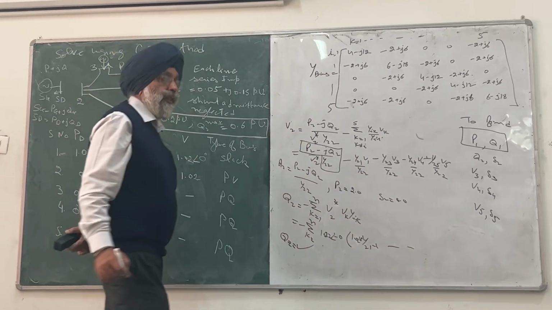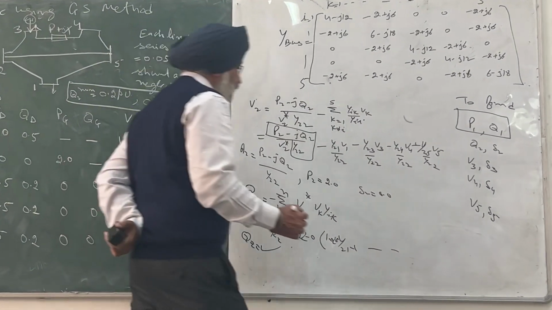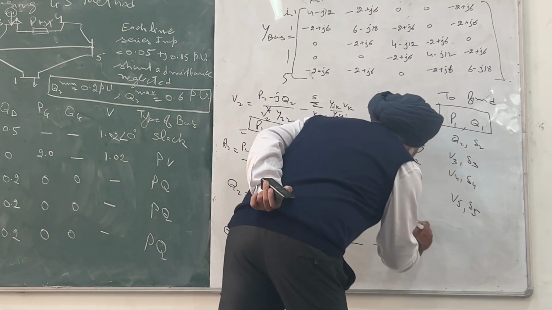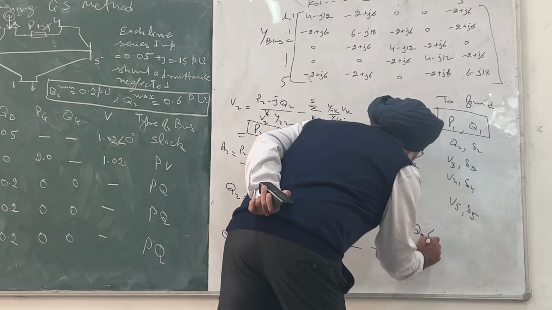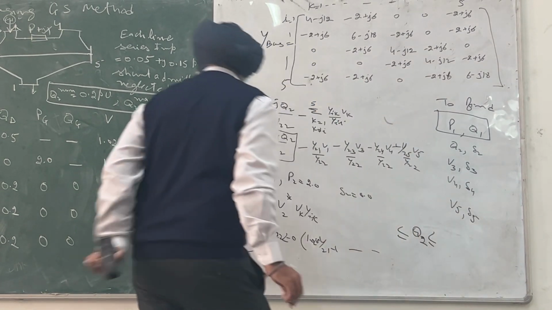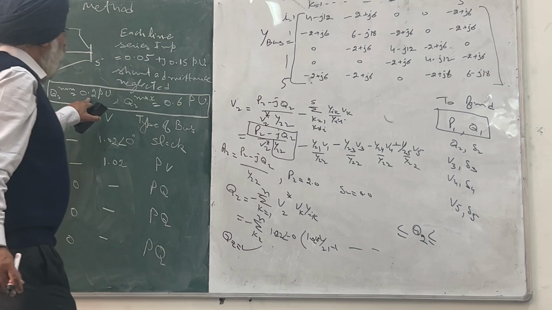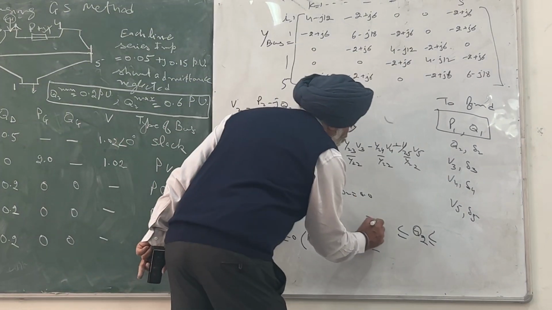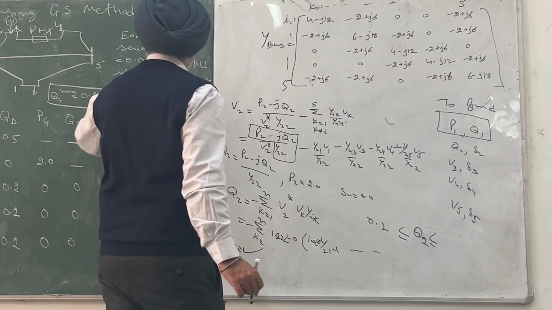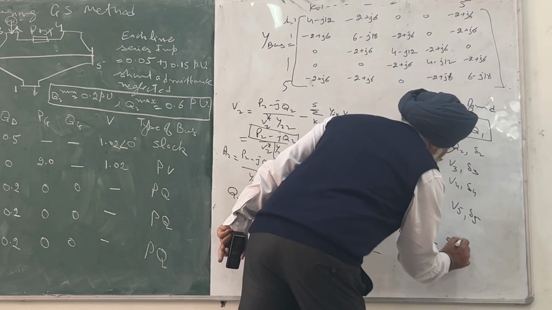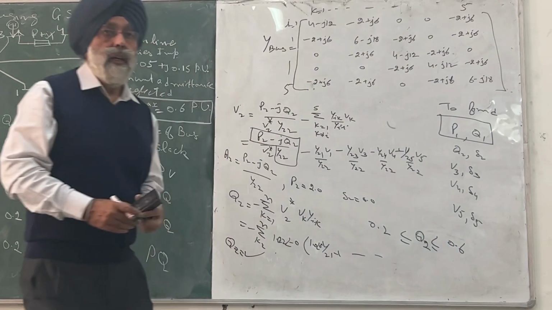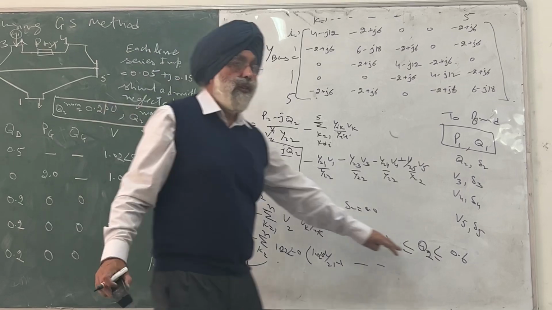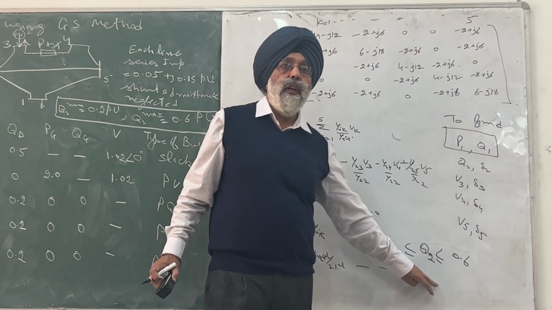Then check the limits. The calculated Q2 must lie between 0.2 and 0.6. If this value is within the limits, then okay.